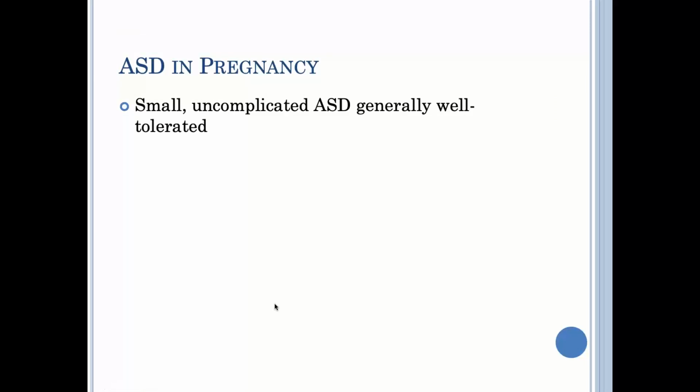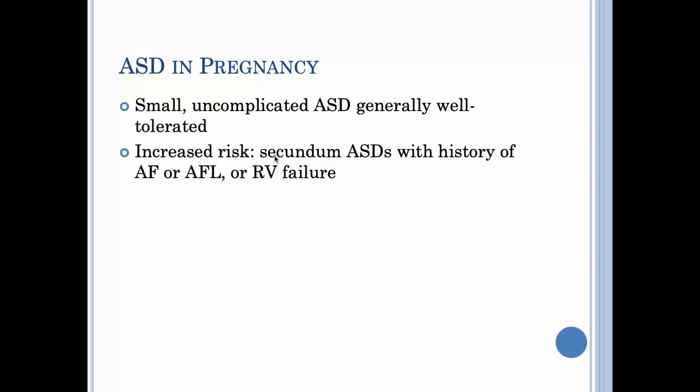Just one slide here on ASD in pregnancy, and it's a topic that I haven't found a lot of great evidence around. Most of the case series or reviews were from the 70s, 80s, 90s, but generally it's thought that young women with a small uncomplicated ASD, generally less than 5 millimeters, tolerate them well during pregnancies and even multiple pregnancies.